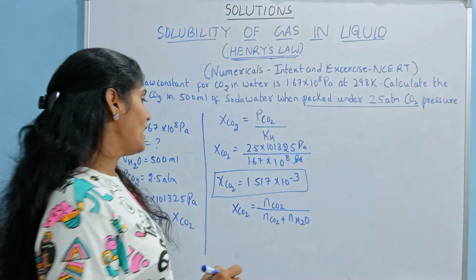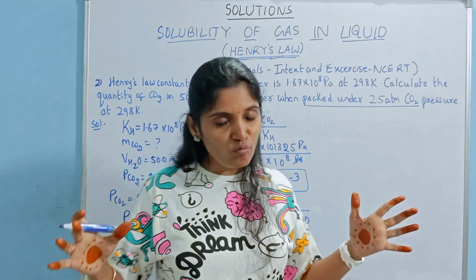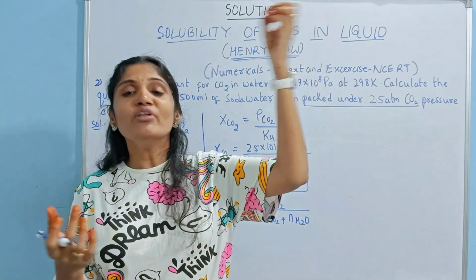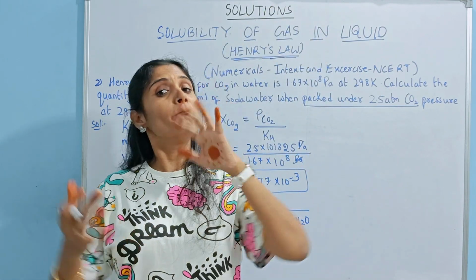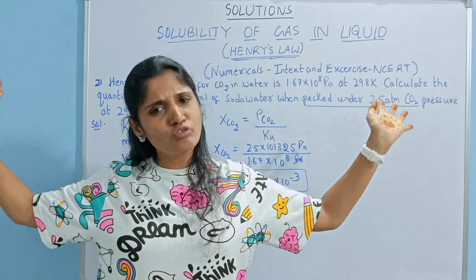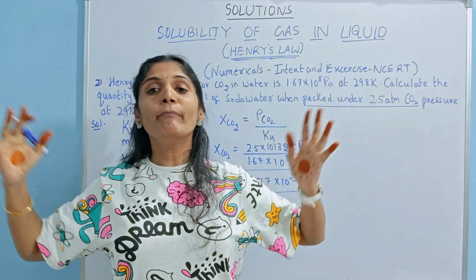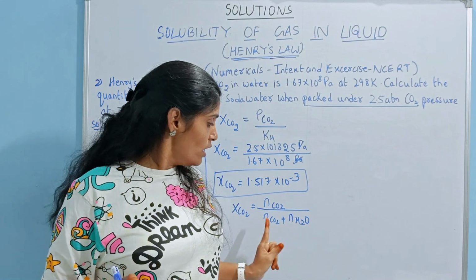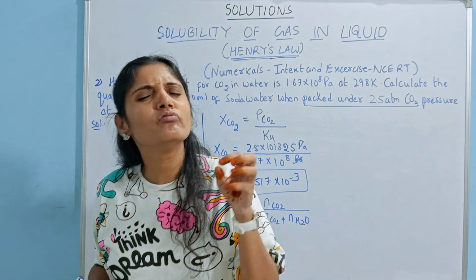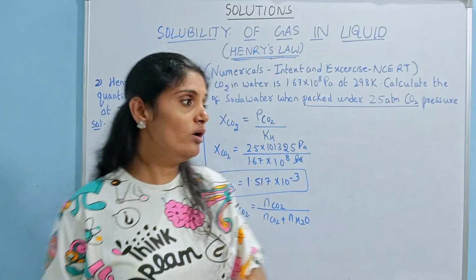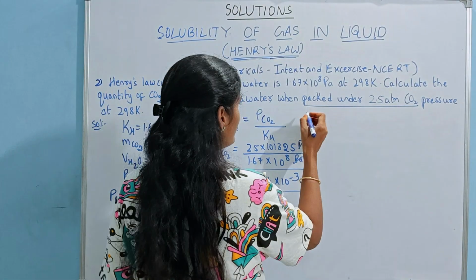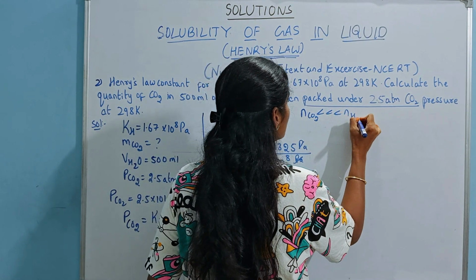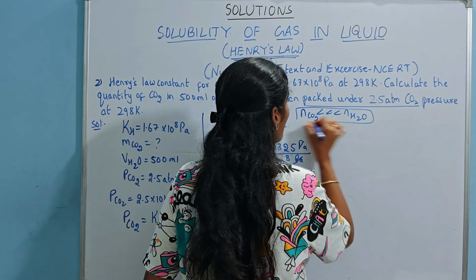Now, what exactly happens here is, when you compare the number of moles of water and the number of moles of CO2, when you pass CO2 into water, water is the solvent which is in larger amount. Compared to the number of moles of H2O, the number of moles of CO2 is very, very less.